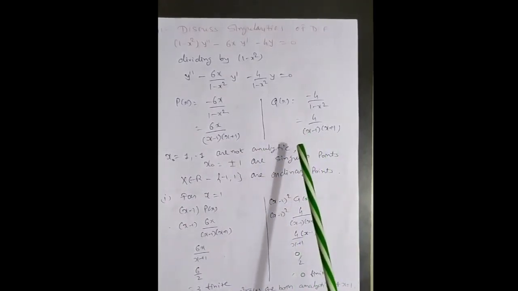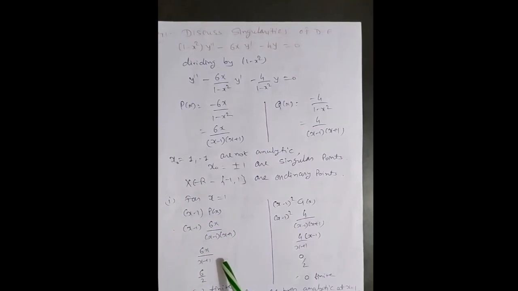Now we check whether they are RSP or ISP. For the point x = 1, consider (x − 1)p(x) and (x − 1)²q(x). Put the values of p(x) and q(x), which are 6x upon (x − 1)(x + 1) and 4 upon (x − 1)(x + 1). In the first, x − 1 cancels out, and the remaining term is 6x upon x + 1.